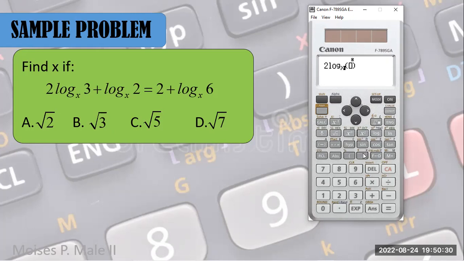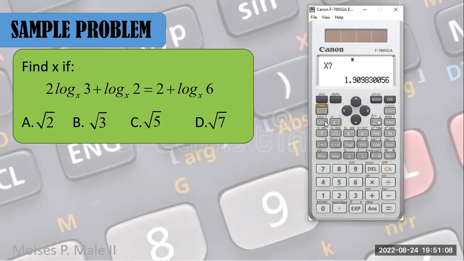So, alpha x, okay, then 3. Right? Plus alpha log, alpha x, 2. Then transpose this, minus 2. Then transpose this also, minus log base x, then 6. So it should give 0, because after transposing, what's on the other side is just 0.